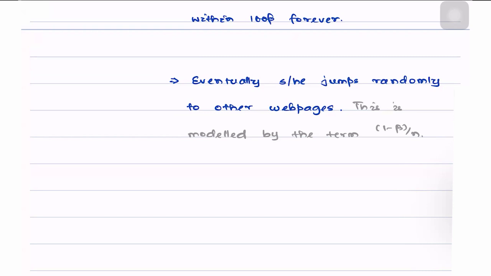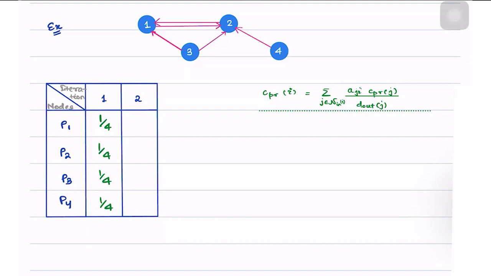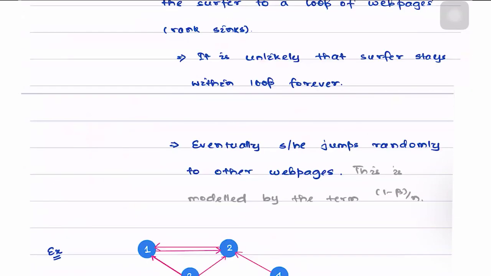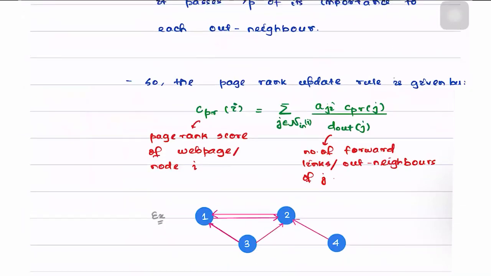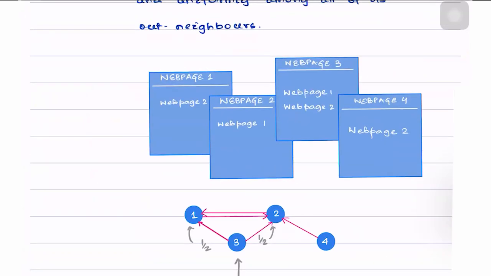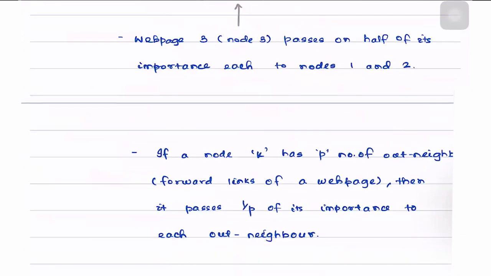Now let us apply this algorithm on an example. Consider the digraph shown in this figure. The digraph here corresponds to the web page structure that we have been discussing in the lecture. Just a quick recap: web page 1 points to web page 2, and 2 points to 1, and web page 3 points to both 1 and 2, and web page 4 points to web page 1 again.